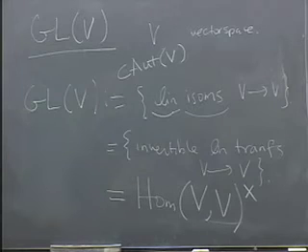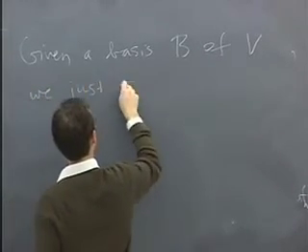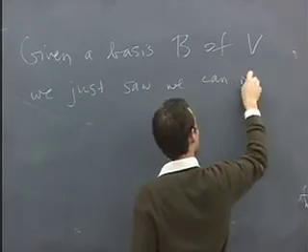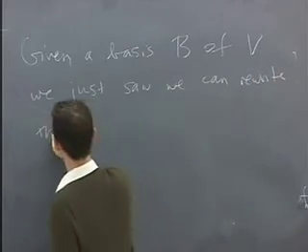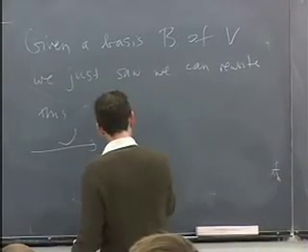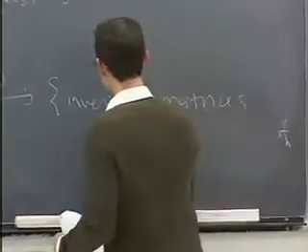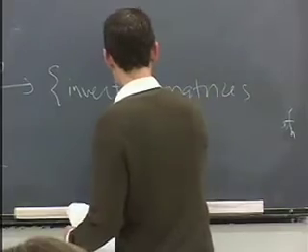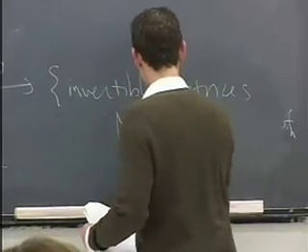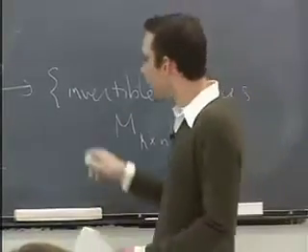So given a basis B of V, we just saw we can rewrite this isomorphically as the set of invertible matrices in M n by n of F, where n is the dimension of V. What is this thing called?